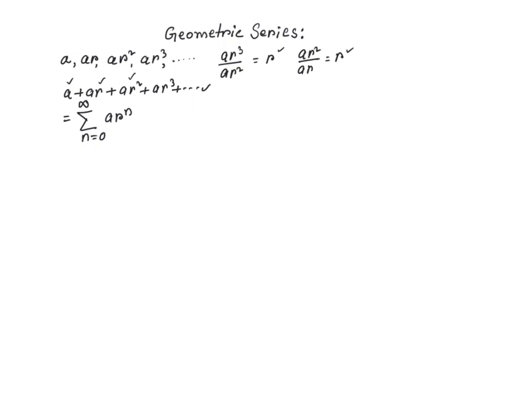Now, for a geometric series, I'm going to define something called the partial sum. The partial sum is S sub n, which tells you the sum of the first n terms. Here is something you may want to pay closer attention to: the sum keeps going, and the power of r is not going to go up to n.